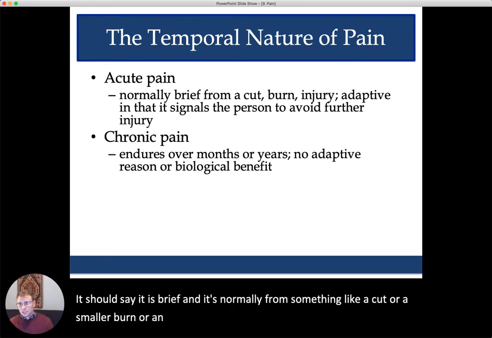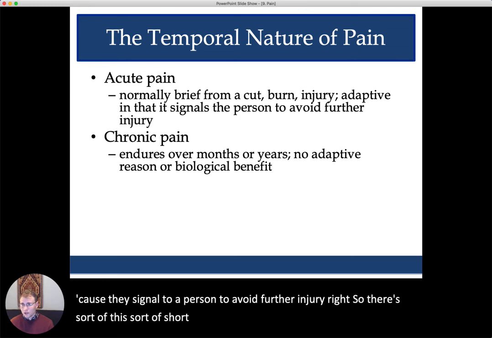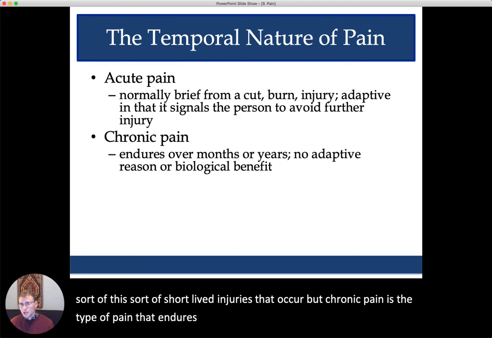And again, these are really adaptive because they signal to a person to avoid further injury, right? So these are short-lived injuries that occur, but chronic pain is the type of pain that endures over months or years. And there's usually no adaptive reason or biological benefit in this case, right?